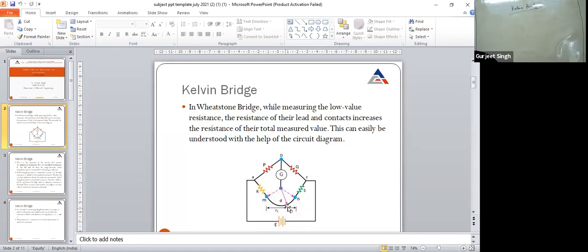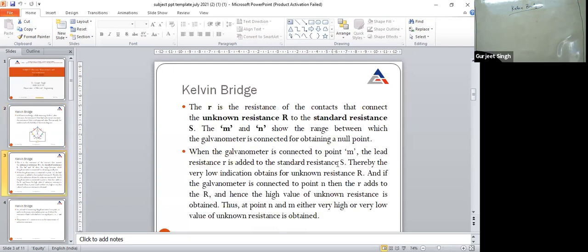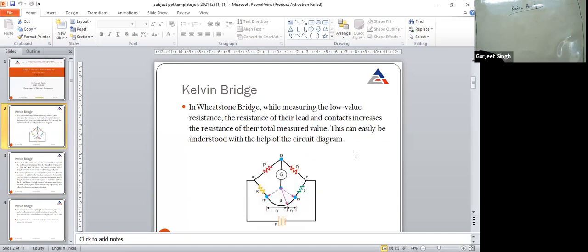Then the resistance of the wire, that is the resistance r, is added to the resistance S. So this wire resistance r from the point M to the point N is added to the resistance S.